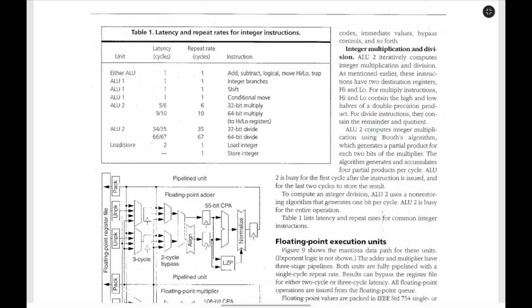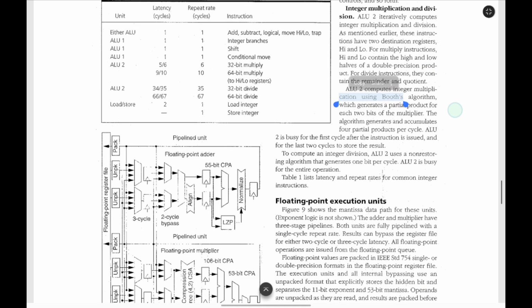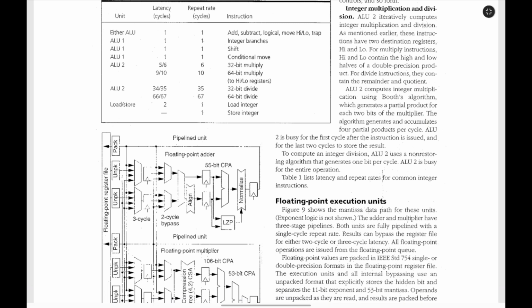ALU2 computes integer multiplication using Booth's algorithm, which generates a partial product for each 2 bits of the multiplier. The algorithm generates and accumulates 4 partial products per cycle.